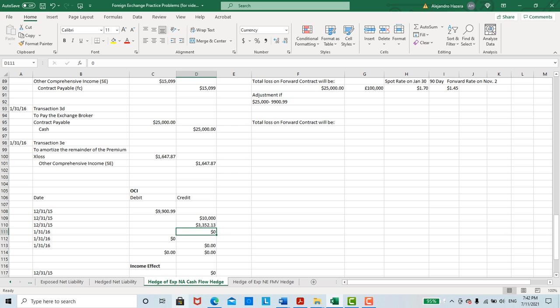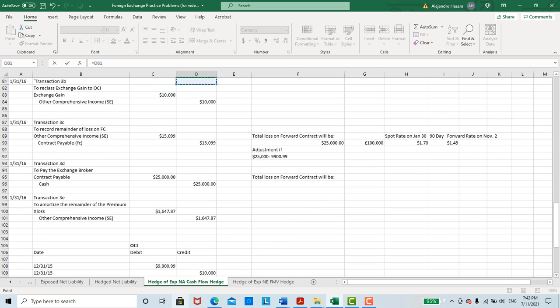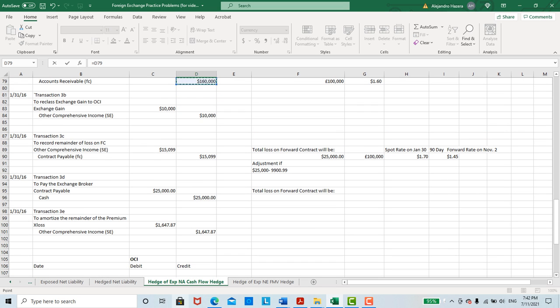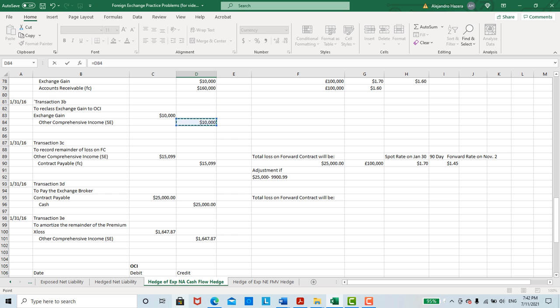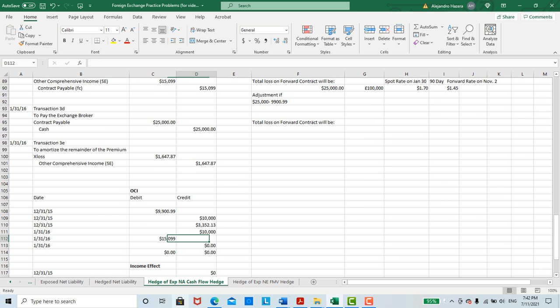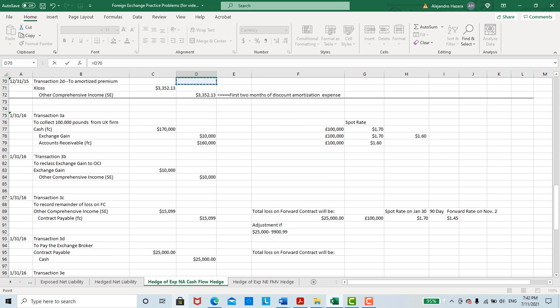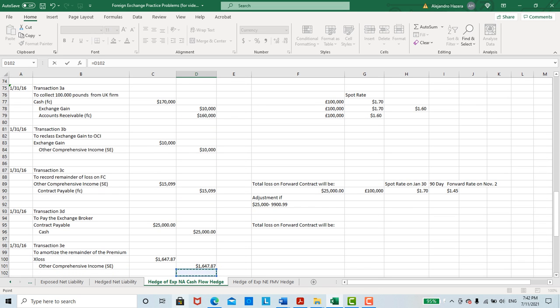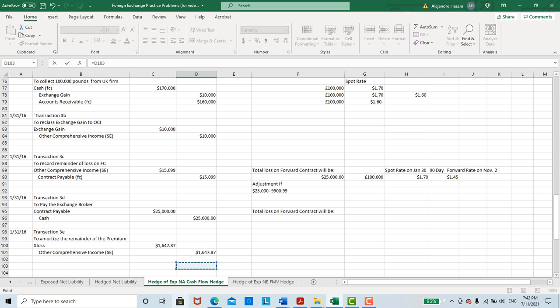Then on January 31st, we had a credit to OCI for 10,000, right there. We had a debit here for 15.99. And finally, you had a final credit here to OCI on January 31st for 1647.